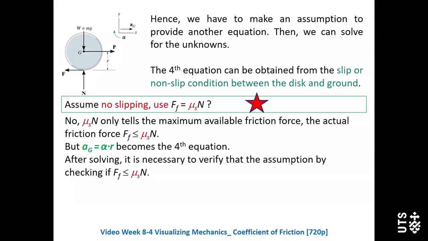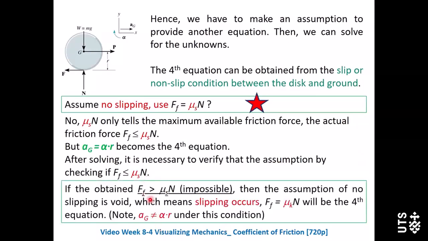But if you find the friction force you worked out is larger than this mu s times N, the maximum available friction force, and you know this is impossible, then that means the assumption of no slipping is void. And that means in your problem, slipping must occur.